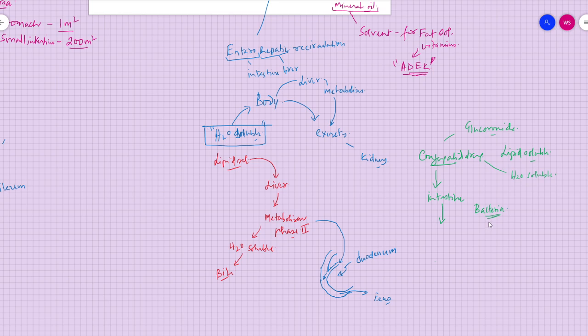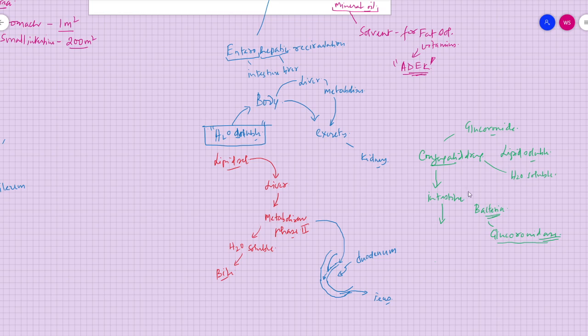glucuronidase. Sorry, I messed up my spelling. Glucuronidase, so ase, it's an enzyme. The normal bacteria present in the colon produce this enzyme glucuronidase.